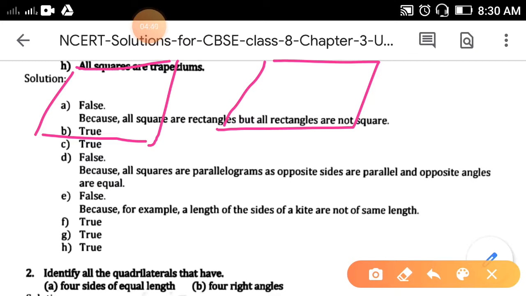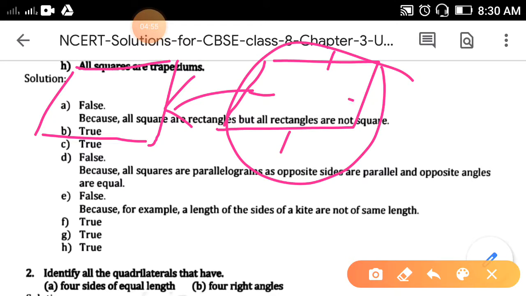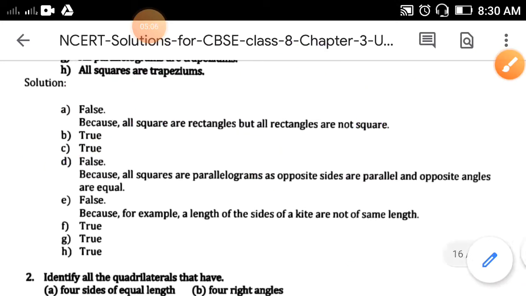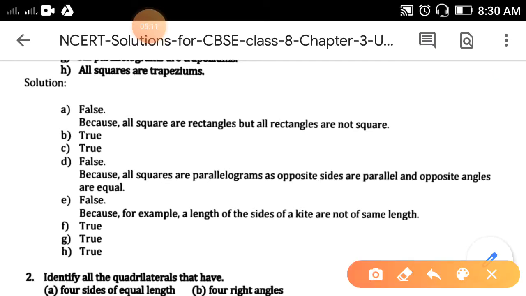So all parallelograms are trapezium, because in a parallelogram opposite sides are parallel to each other, and in a trapezium in one pair, two sides are parallel to each other. H, all squares are trapezium. Yes, because in a square also one pair of sides are parallel to each other.